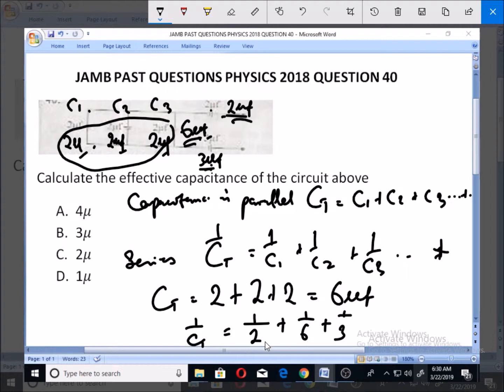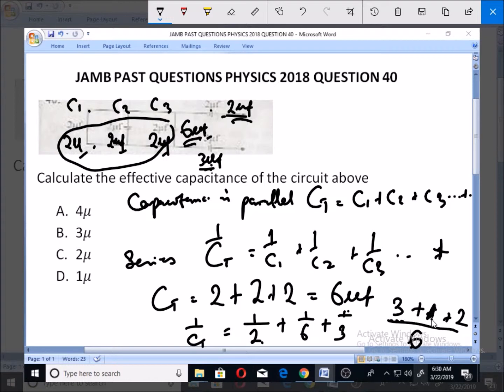If we take the LCM of 2, 6 and 3, which will be 6: 6 divided by 2 is 3 times 1, we have 3, plus 6 divided by 6 is 1 times 1, 1, plus 6 divided by 3 is 2 times 1, 2. So we have 3 plus 1 plus 2.